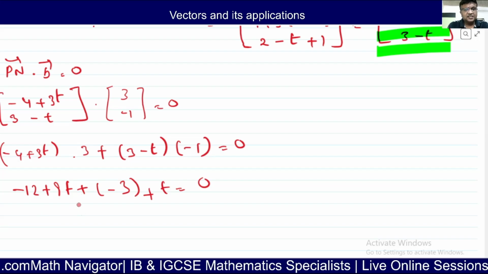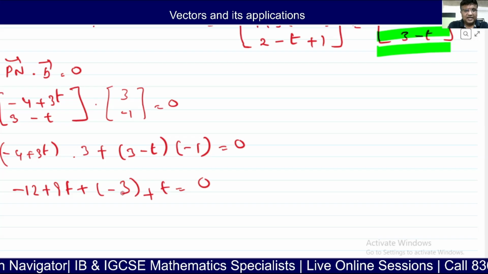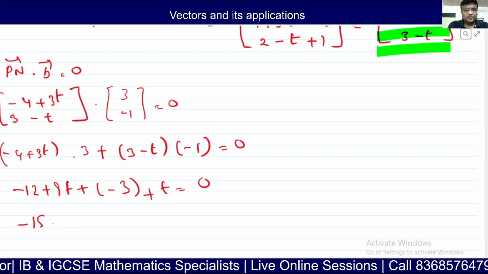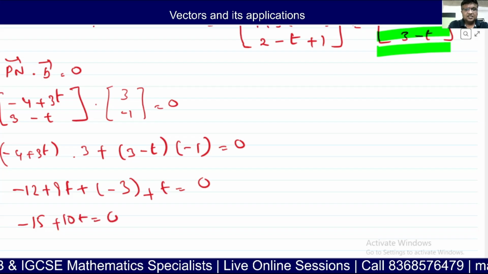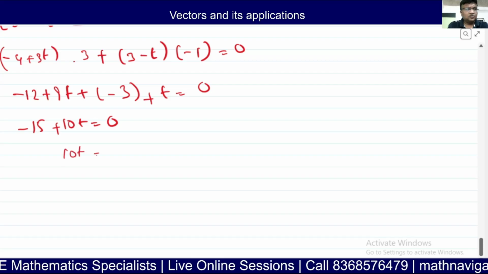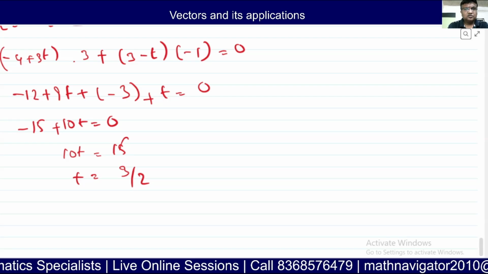So negative 12 minus 3 is negative 15, and this thing is plus 10t, equal to 0. So 10t is equal to 15, so t is equal to 3 by 2. So I've got the value of t.